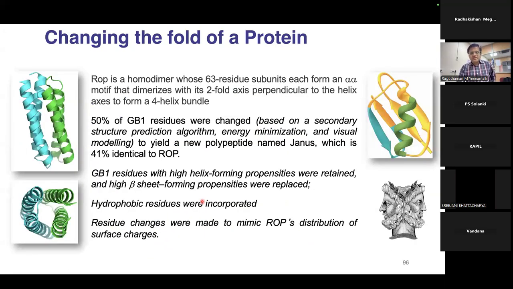So this was very interesting because now you have a protein that can change fold, and that looks like the Roman or Greek mythological character called Janus, after whom the month January is named, because Janus is a two-faced god, and he looks at the past and the future, and January being the month that looks at the previous year and the coming year.